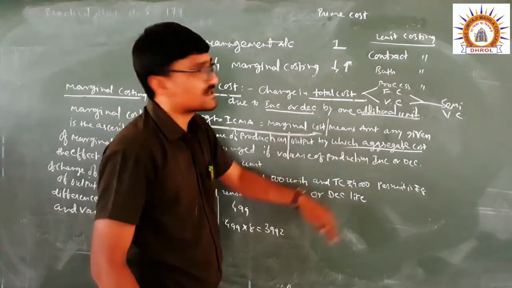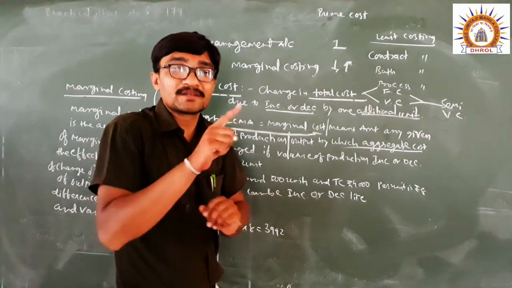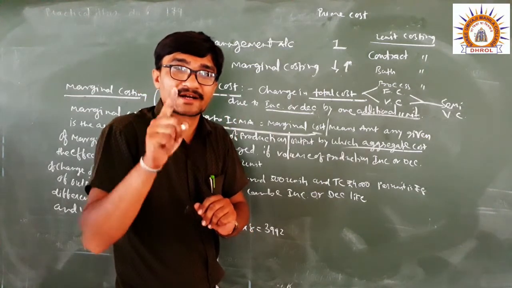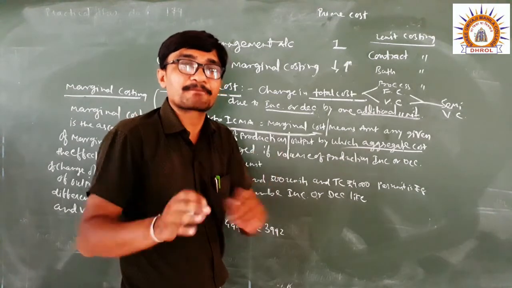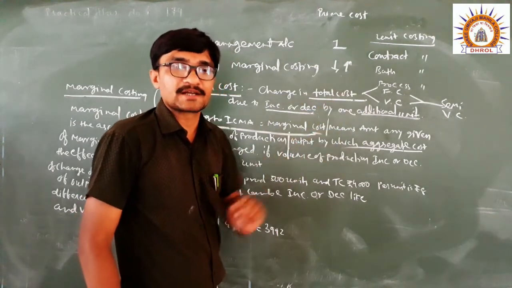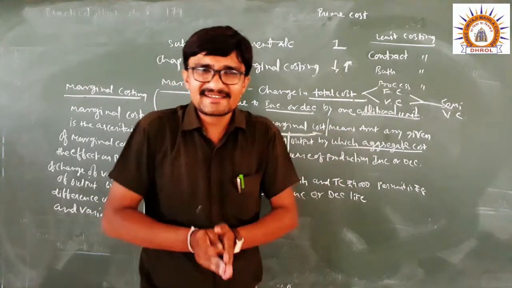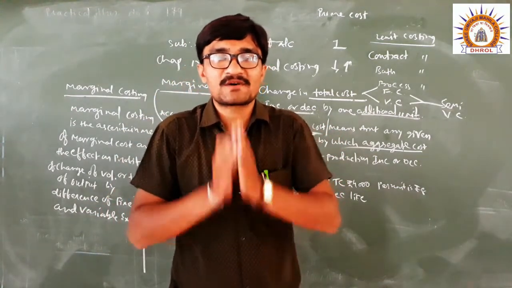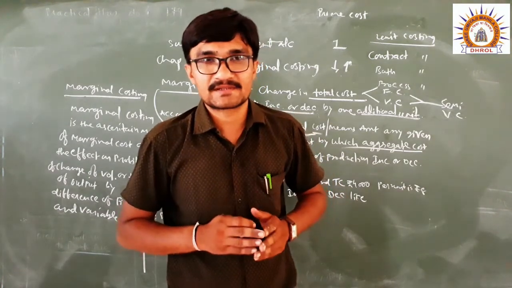Then in addition to that, labor is also required. During the production process, labor is required to complete the finished goods. The labor is employed on a particular machinery. Then another one is the expense related to the purchase of raw material, which we can also call direct expenses.